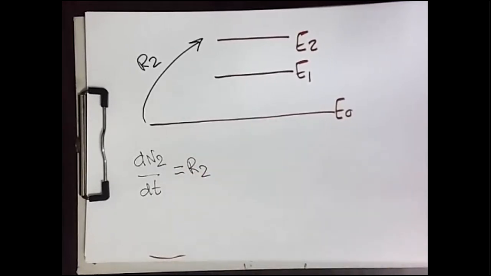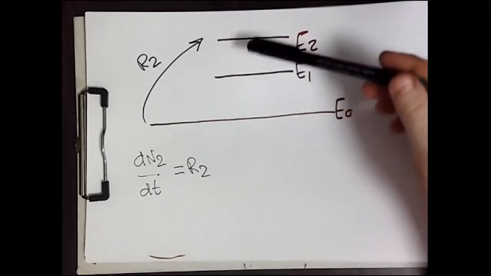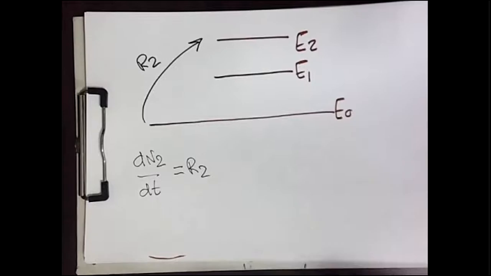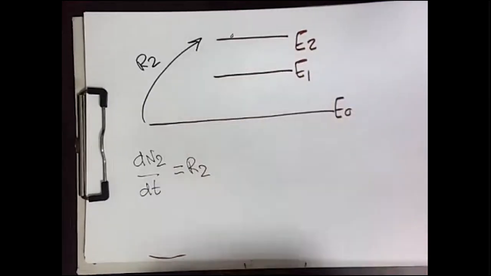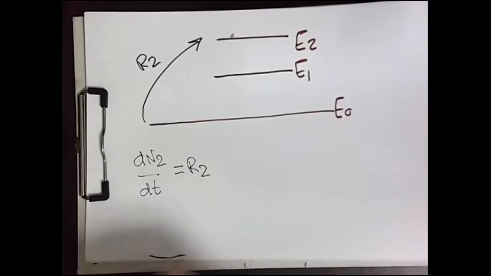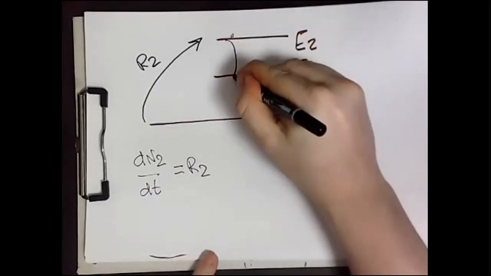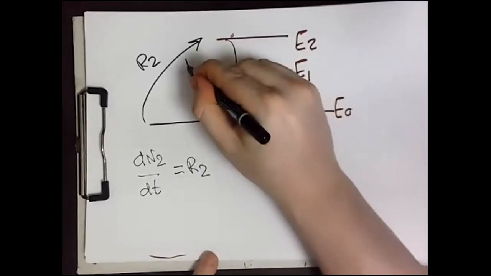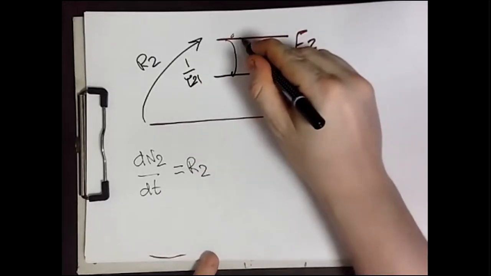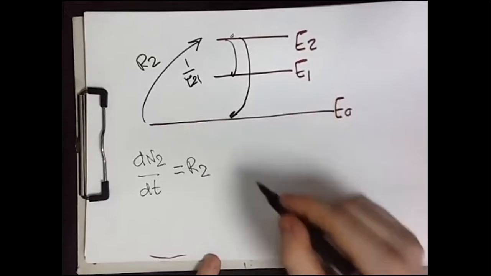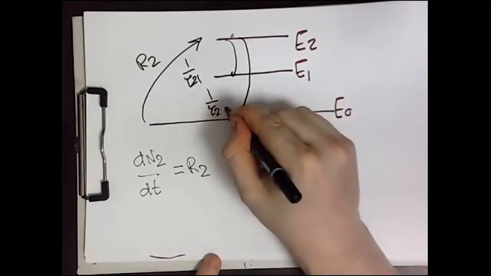Then we have three processes of transformation from the level E2 to the level E1. The first process is what we call the spontaneous emission. The spontaneous emission generally, my dear students, can occur from the level E2 to the level E1 at a rate we will call 1 over tau 2 1, and can occur from the level E2 to the level E0 at a rate we call 1 over tau 2 0.